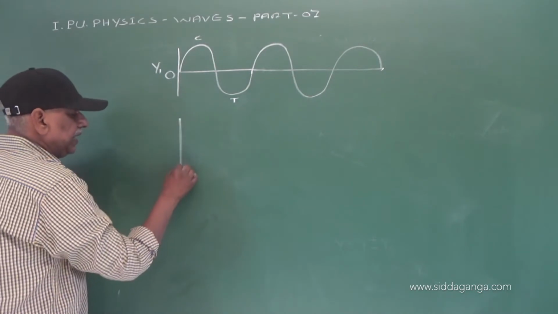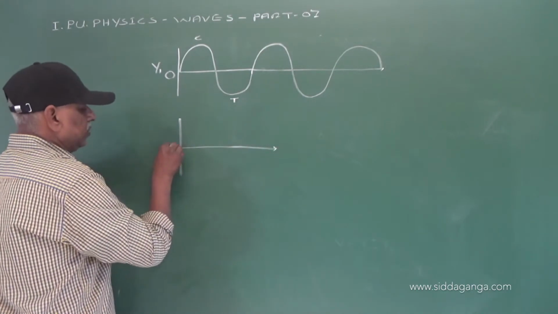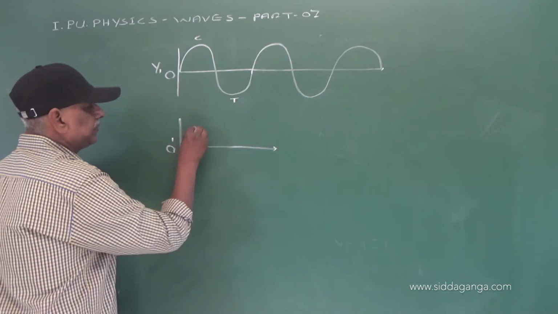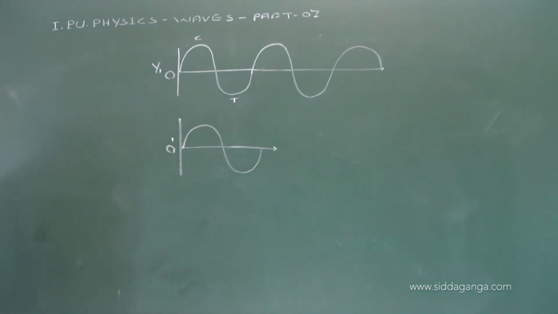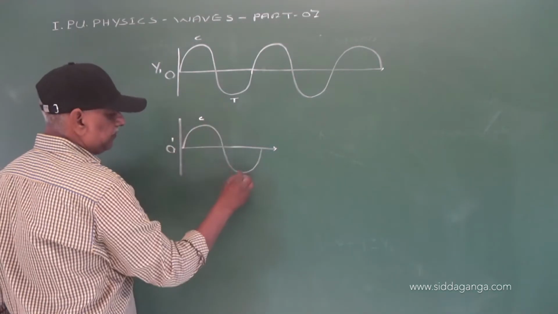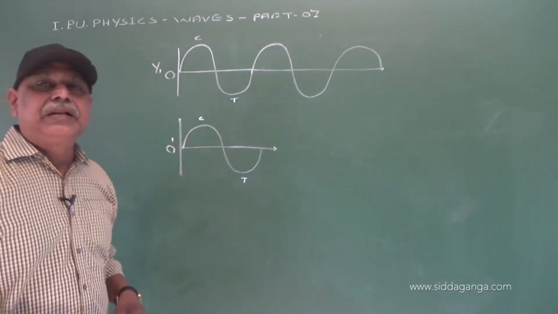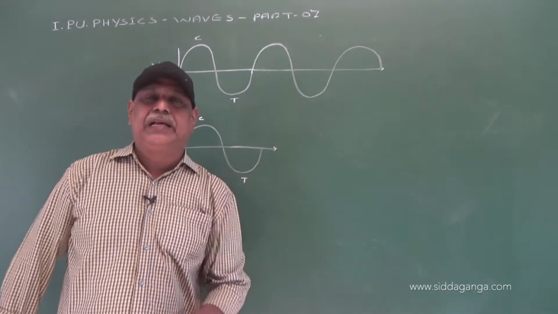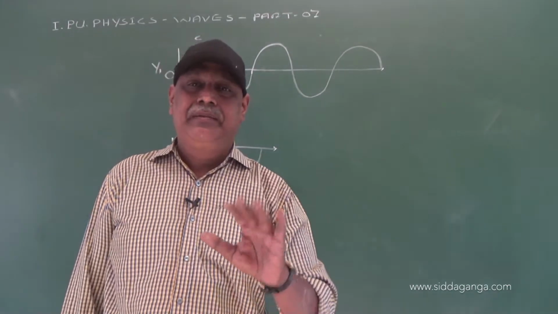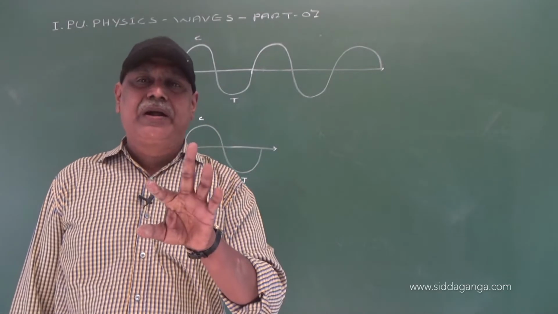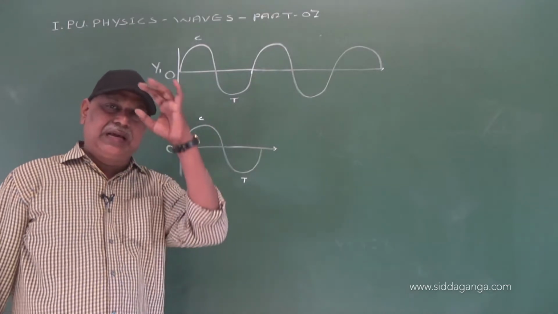Now if I take another wave like this, with origin O dash, the crest and trough. So when we say the phase difference between two particles, it is the distance between the two particles, meaning the phase difference between two particles of the propagating medium separated by a certain distance due to a single wave.